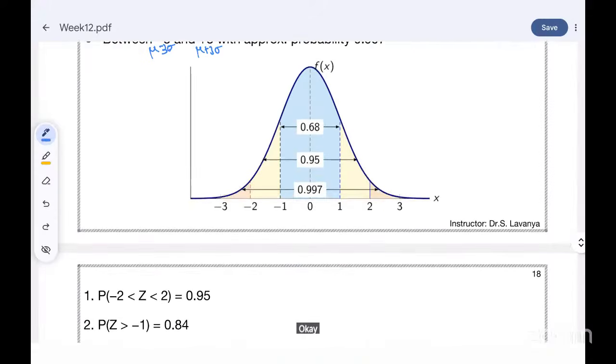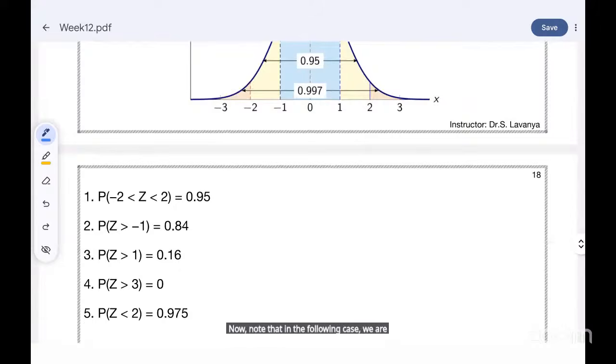Okay, fine. Now, note that in the following case, we are going to look at the probability, and note that it is not x, it is z. We are going to look at the probability of z rather than x. Now, what is the probability that the random variable z lies between -2 and 2? What's the answer?